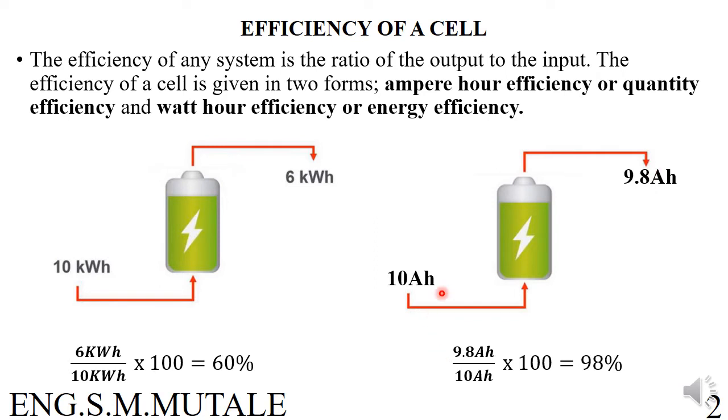So during charge, the current times time gives you a value in ampere hours, and during discharge you get a value in ampere hours. To find the efficiency, you divide the ampere hours during discharge by the ampere hours during charge. For this scenario, we have 98% as our efficiency.